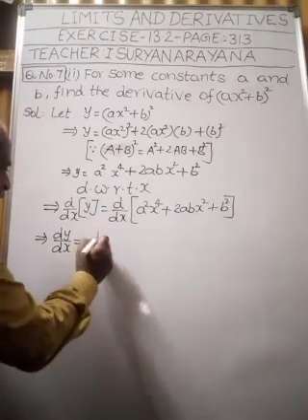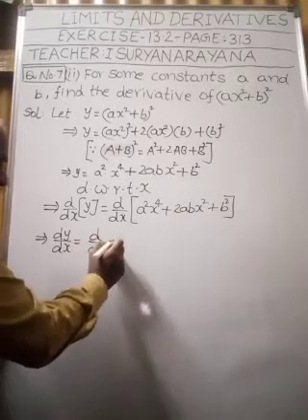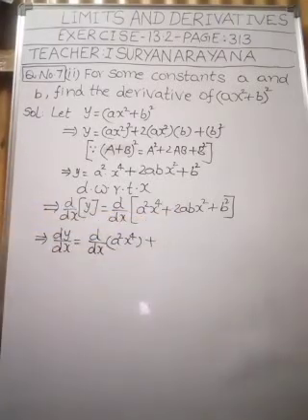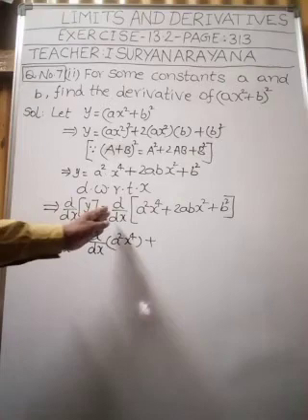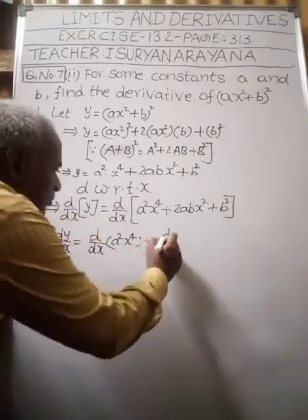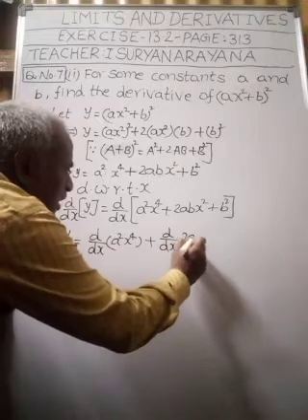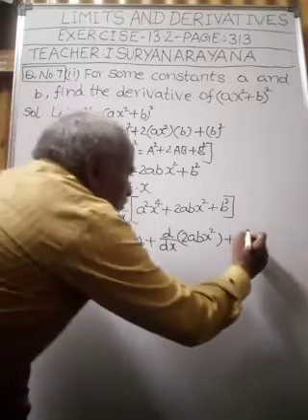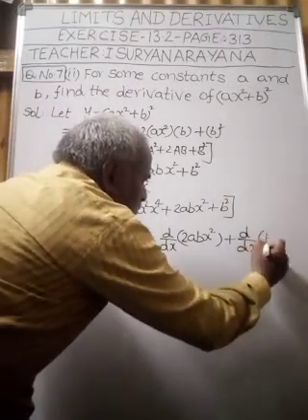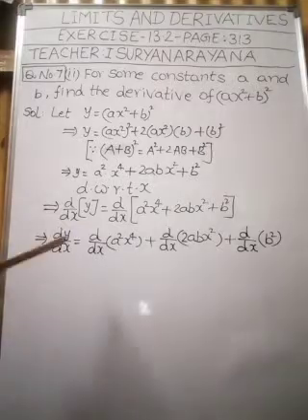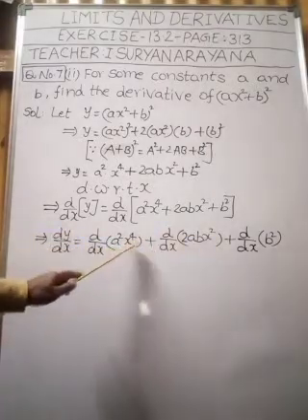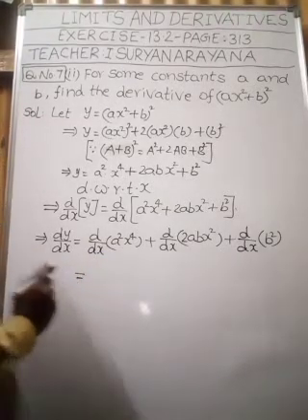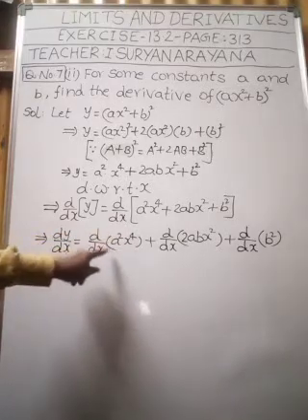So d by dx of a square x power 4, just like the distributive property, plus d by dx of 2ab x square, plus d by dx of b square. By using the distributive property, we get this step. Understood this step? This is equal to, now come to the first term. We are differentiating this function.